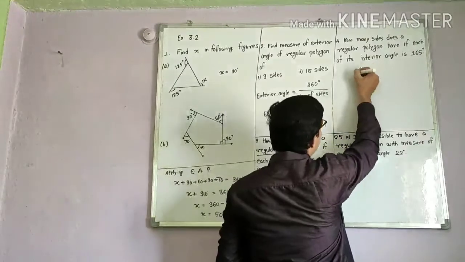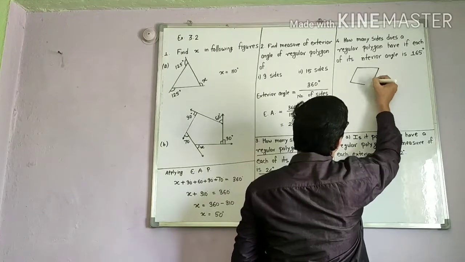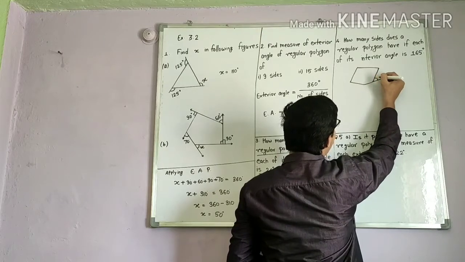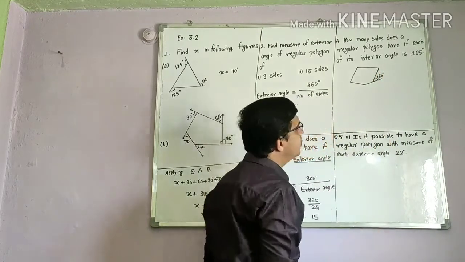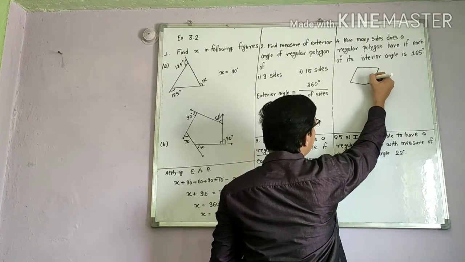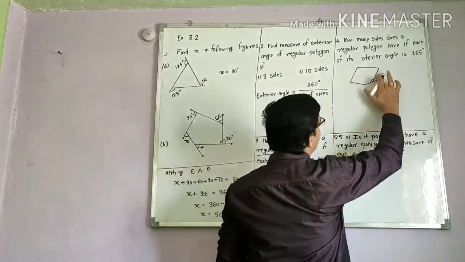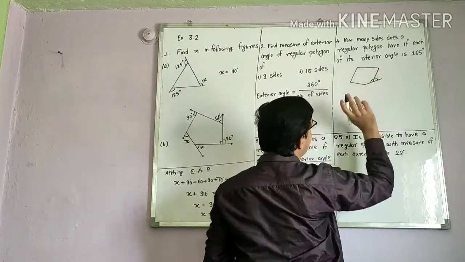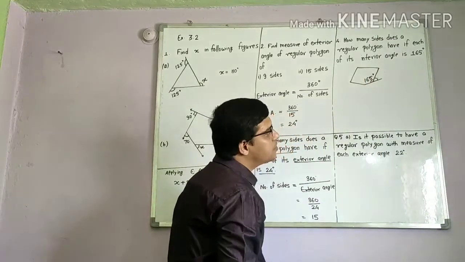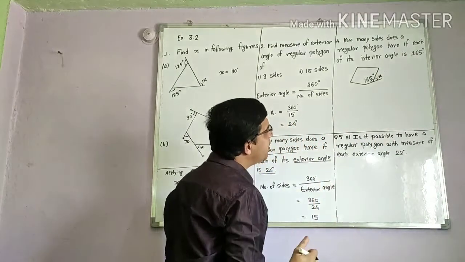So suppose, I don't know what will be the answer, so I am taking any shape, suppose this, and this exterior angle is 165 degree. Sorry, interior angle is 165. Interior angle is 165 degree. So we don't know the exterior angle. So we have to find exterior angle first.